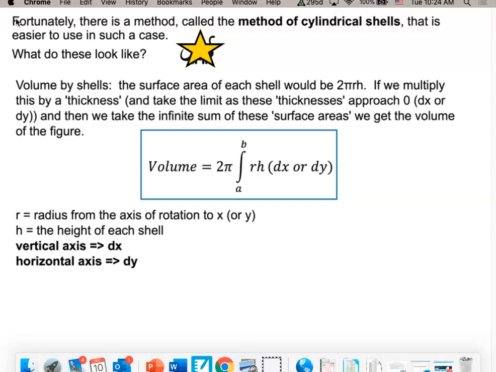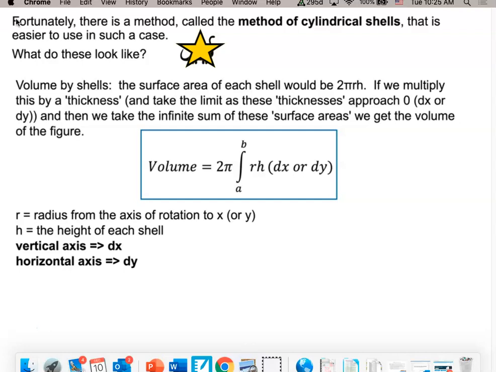Anyway, here's the magic part of shell. If you have a vertical axis with shell, it's dx. And if you have a horizontal axis with shell, it's dy. Shell is the opposite of discs and washers. What's nice about this, if you think about it, if you have a horizontal axis, you can use disc or washer and be dx.